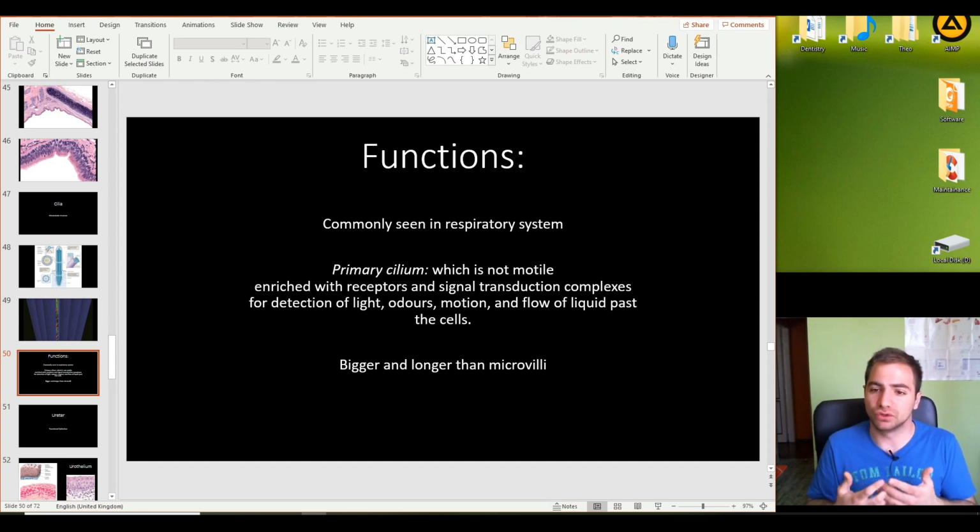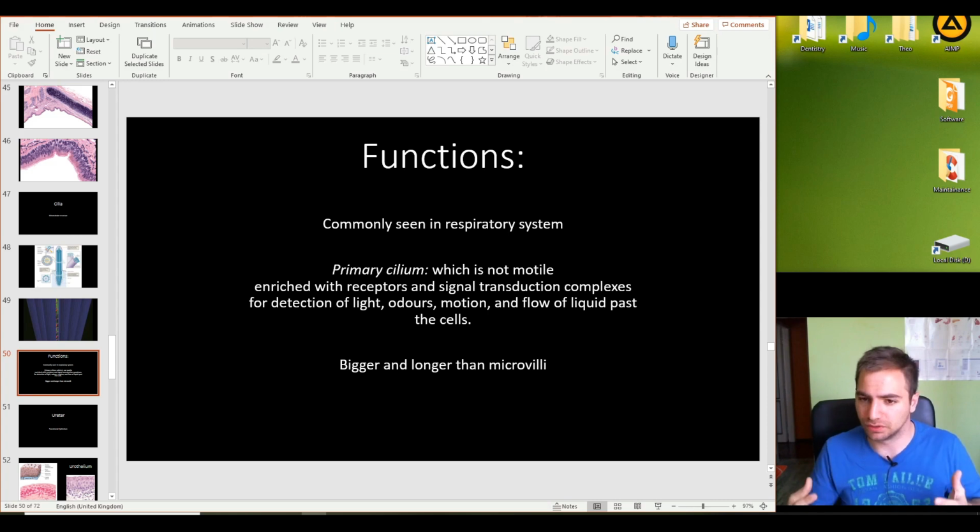I prefer the term kinocilia, because the primary cilium is another structure found in different cells, and its point is signal reception, signal production, and signaling generally speaking. These signals can result in detection of light, motion, odor, and so on. So the primary cilium actually is a very long structure, even longer than and quite a bit bigger than the microvilli.